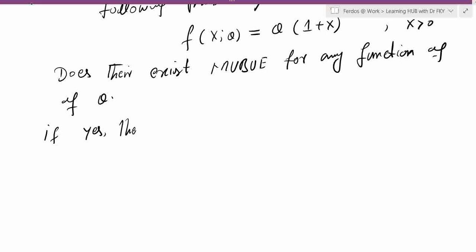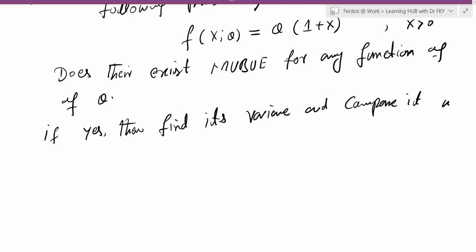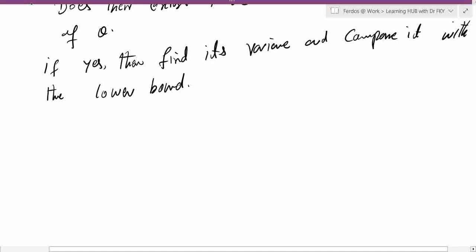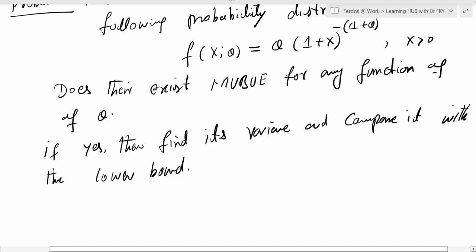Okay, so there are two questions. The first question is, does there exist an MVBUE for any function of the parameter theta, where the distribution is given, the density function is given?